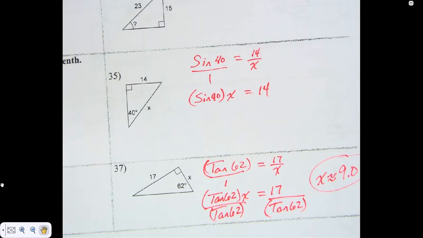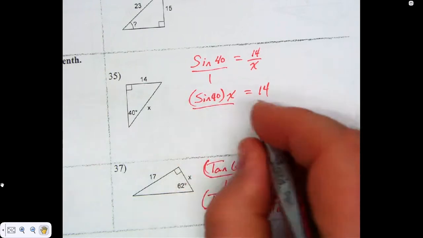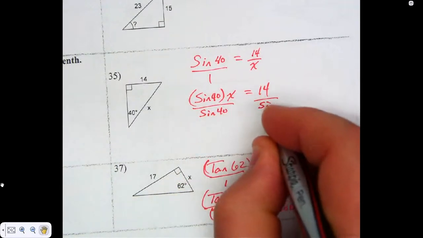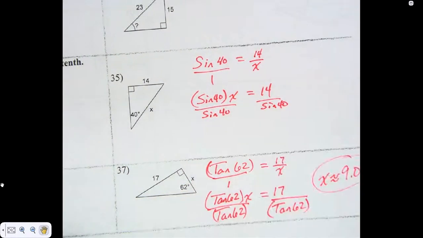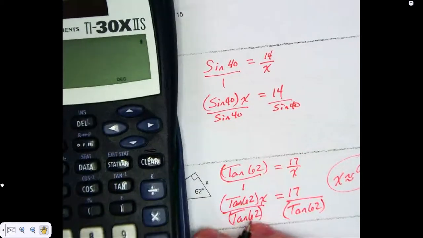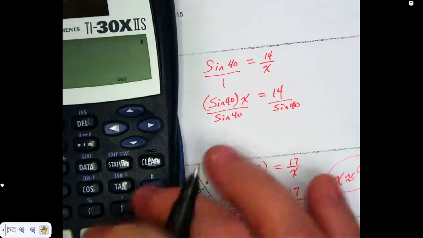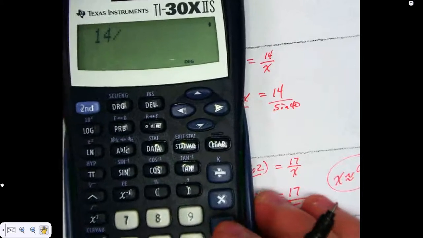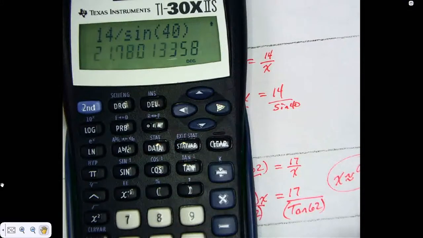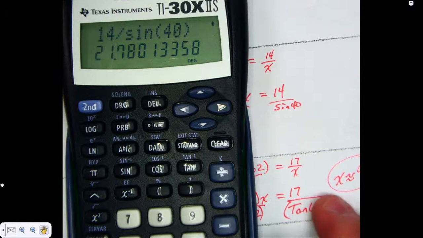Everybody look up there, does that make sense how I got from there? Now, what do I do? Divide by what's in front of that x, which is what? Now it's a matter of putting it in the calculator. It would be 14 divided by sine of 40, close your parentheses, 21.8.